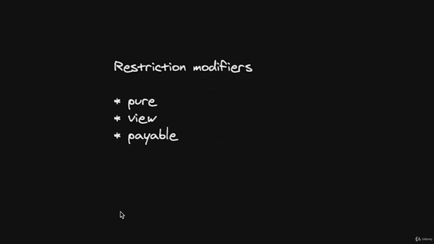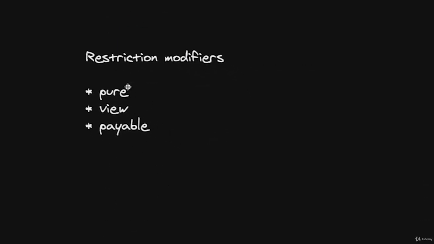Let's now look at restriction modifiers. The restriction modifiers can be pure, view, and payable. A function that is restricted to pure cannot modify state data, neither can it read from it. A function that is restricted to view can read from the state data. We have already used this in detail before, so there is no point in going over it in too much detail.